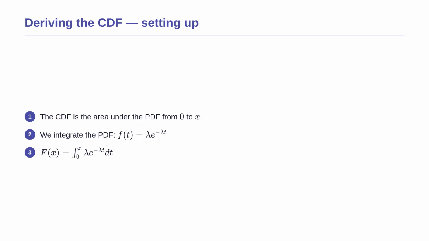We use a dummy variable t inside the integral to represent the time axis as we move along it. The integral sign simply means we are continuously adding up all the tiny, infinitely thin slices of probability under the curve. This continuous addition is the exact mathematical equivalent of summing up discrete probabilities, adapted for a smooth timeline.